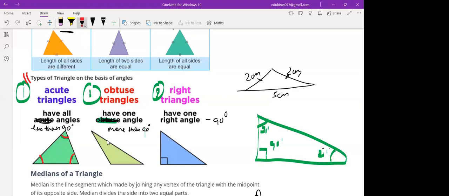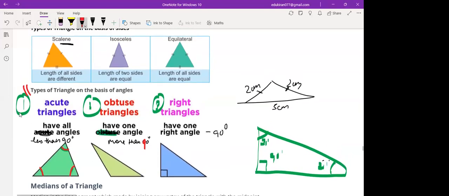Not all, only one angle should be more than 90 degrees. And right angle: one angle should be 90 degrees. That is called a right angle triangle. Clear? So if all the angles are less than 90 degrees, it is acute. If one angle is more than 90 degrees, it is obtuse. If one angle is equal to 90 degrees, it is a right angle triangle. Fine? Yes, ma'am.